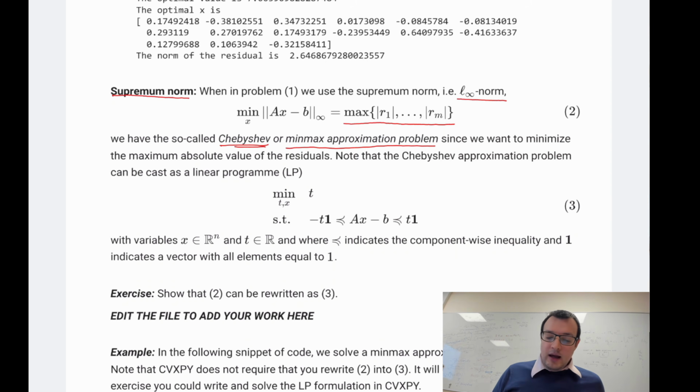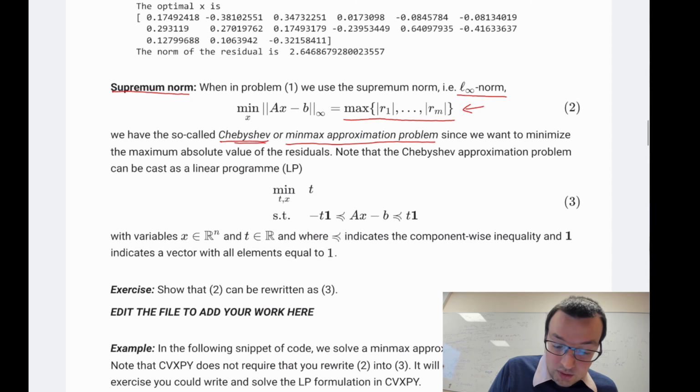Now, as you can see, in general, this problem doesn't seem easy to solve. You cannot solve it as we tried to solve the other one, because you cannot compute the gradient and so on. But the interesting part here is that this problem can be reformulated as something called a linear program, LP.